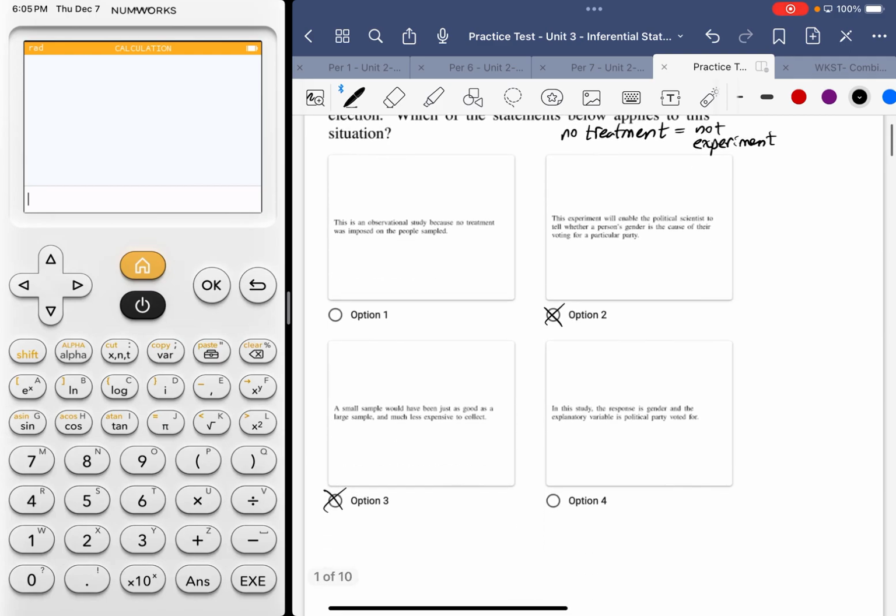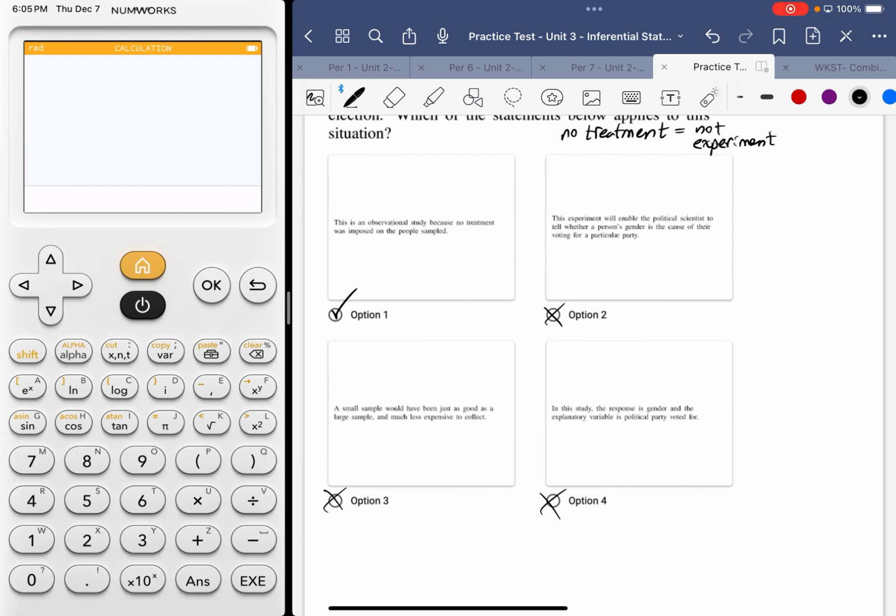So that doesn't mean that we're going to establish a causal relationship between the two. Just because it turned out perhaps that more women voted Republican doesn't mean that the political party causes the gender. You can't say, well, the person voted Republican and they must be female versus male. So that one is not true.